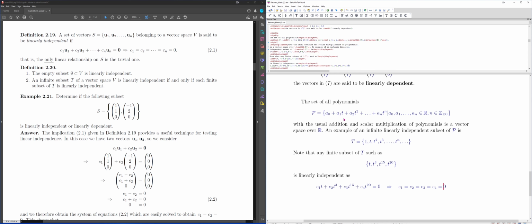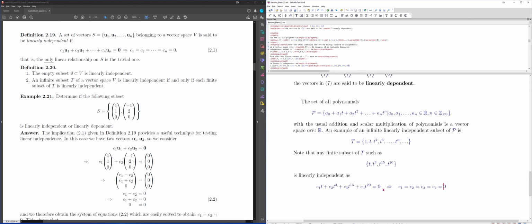Remember, each of your polynomials inside here is regarded as a vector in a vector space. So c1 times the vector t, c2 times the vector t cubed, plus c3 t to the 15th plus c4 t to the 20th, and this has to be equal to the zero vector. Now the zero vector in polynomials is just the zero element, which is just normal zero.